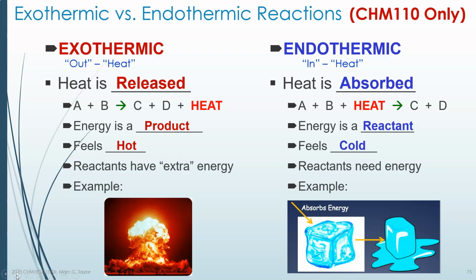A plus B plus heat produces C plus D. The reactants need energy to get up to higher energy level products. In this case, the products are a higher energy, and in order to get to that higher energy, you need to pump in heat. And when you pump in heat, it means the heat is being taken away from the surrounding environment, and that would make it feel cold to you if you touched it.